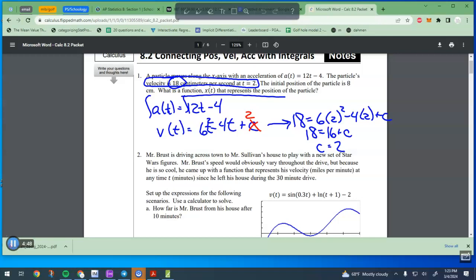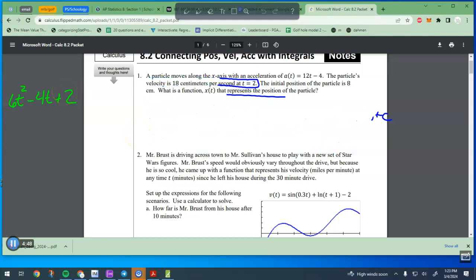But now I've got to do it again, because I'm at velocity and they're asking me about position. So I'm going to write this over here so I don't forget it. I'm going to clear that all out. So my velocity is 6t squared minus 4t plus 2.